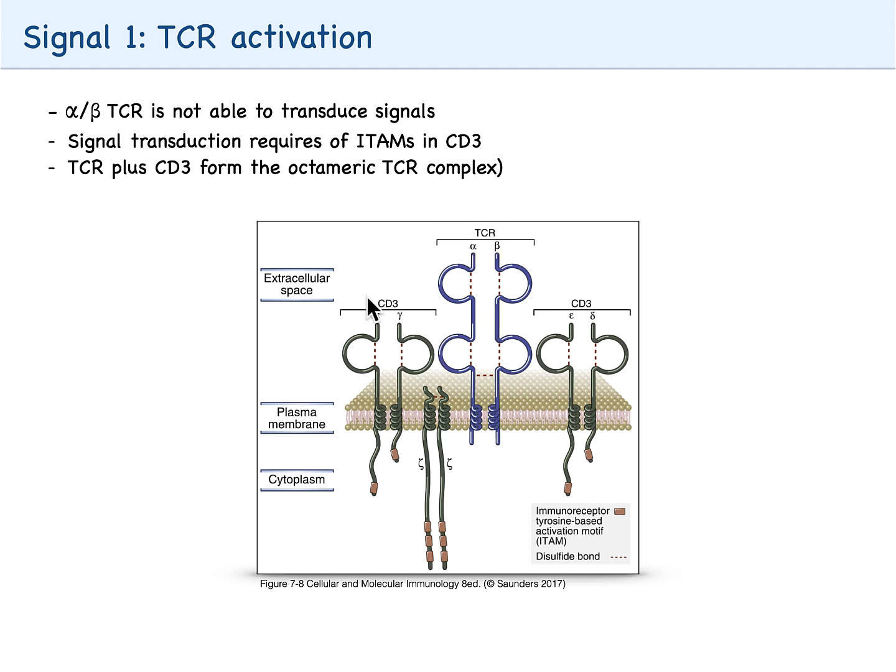For this, it has complementary molecules called CD3 epsilon, gamma, zeta, epsilon, and delta. So the signal transduction of the T cell receptor requires these ITAM motifs in the CD3, and together they form what is called the TCR complex.